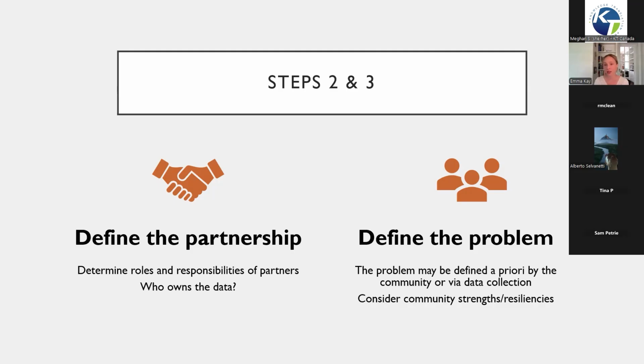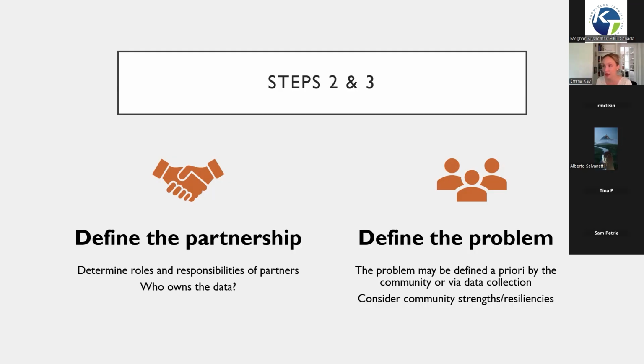You also need to define the problem, the research problem. So there are a lot of different ways that you can do this. And again, it really goes back to what type of community engaged research, where you fall on that community engaged continuum. Is it community led? Is it researcher led? Is it CBPR? But again, is the problem defined by the community themselves?